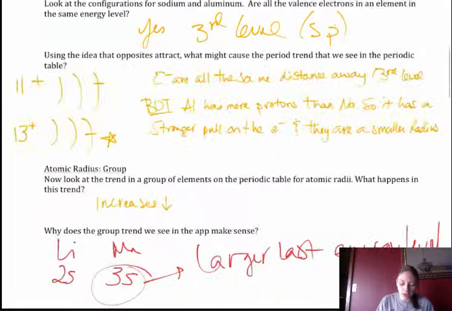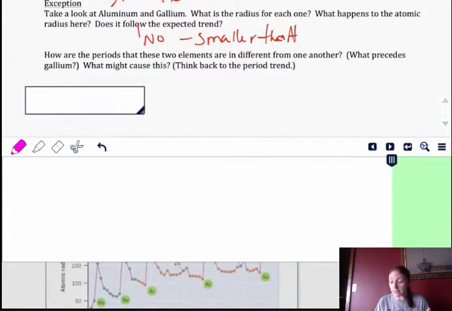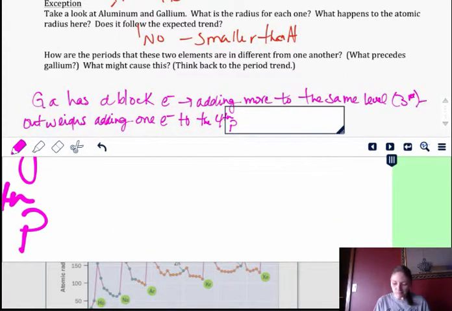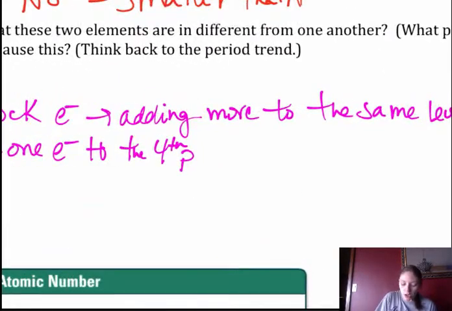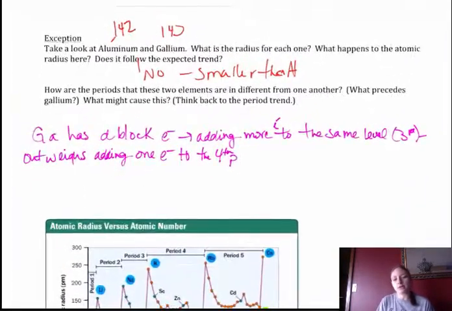So those d block electrons are what throws this off and causes this to be an exception. Again, gallium has the d block electrons. You're adding more electrons to the same level, the third level, and this outweighs adding one more in that fourth p. So even though it's a bigger level, you're adding so many more in the third that it outweighs it.